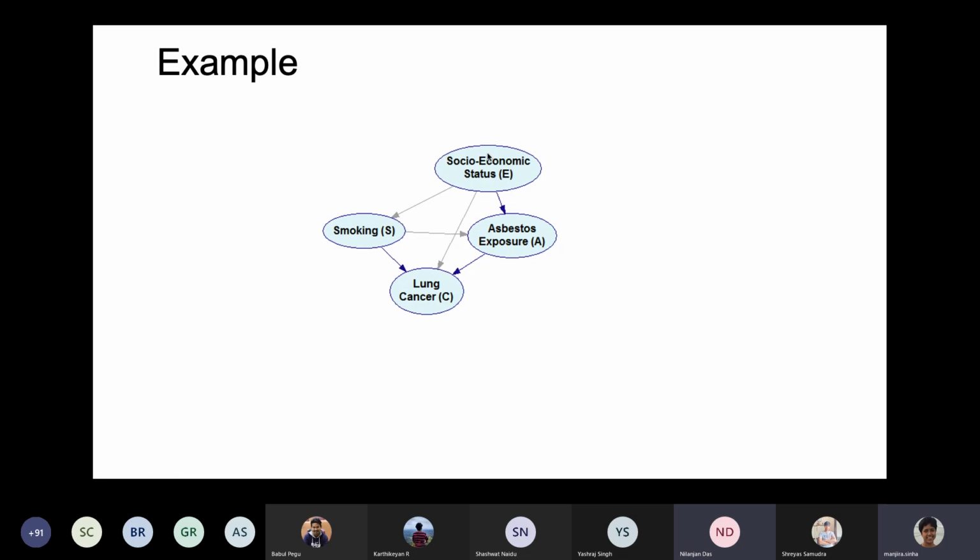In this case, we may have a value. Say, for example, some people did a survey and found a conditional probability relating the socioeconomic status of persons and lung cancer. They have this likelihood, and that is why we have this direct influence from socioeconomic status to lung cancer. So we have constructed this arrow.